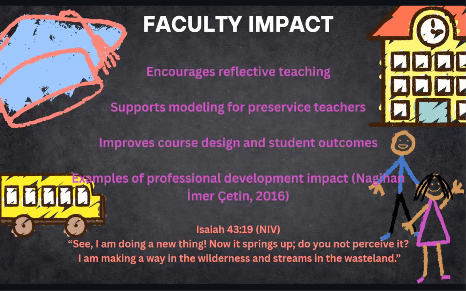And I had a verse for my faculty, Isaiah 43:19. See, I am doing new things. Now it springs up. You do not perceive it. I am making a way in the wilderness and streams in the wasteland.